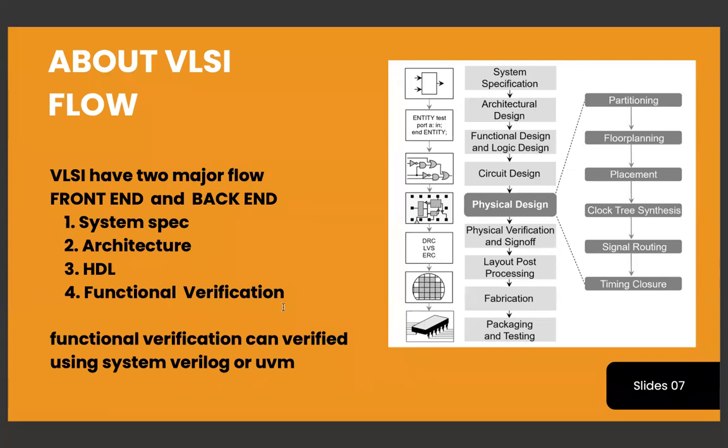So functional verification is a process that we establish for the front end design. What you actually try to do is, when the functional logic and these things are made, you try to verify what the expected output is, and whether it is coming as per expectation or not. So how do you do that?